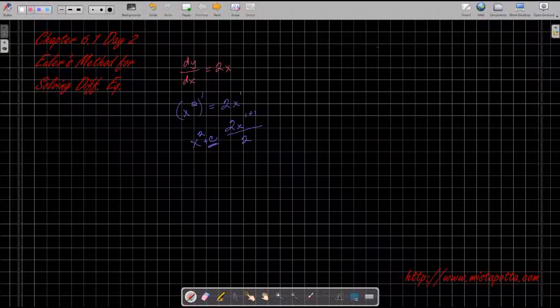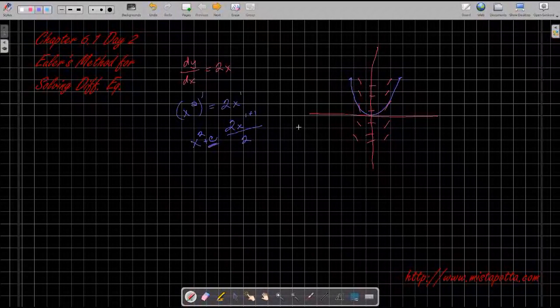So we talked about the idea of an antiderivative, but one other thing that we talked about is the idea of a slope field. The idea that if I draw x and y axes and I talk about the slopes at a particular point, I can use these slopes to come out with a graphical solution to a differential equation.